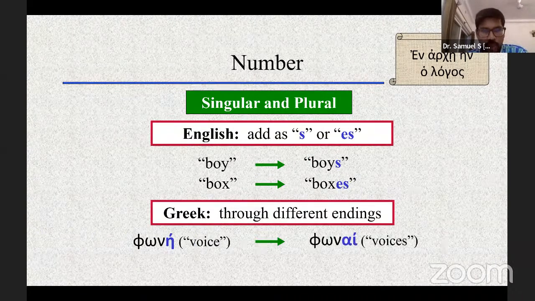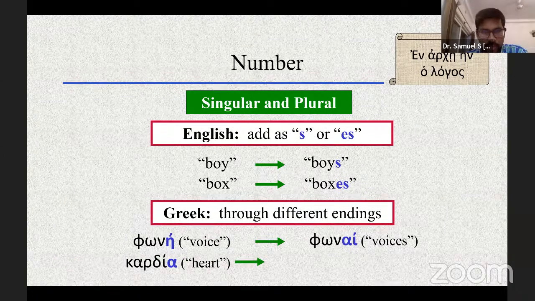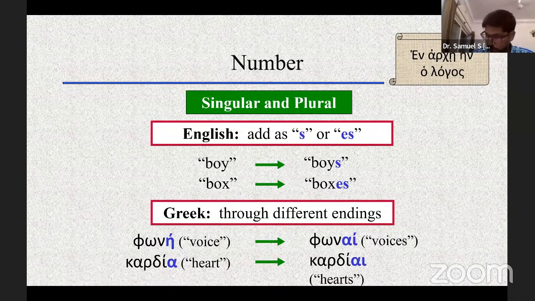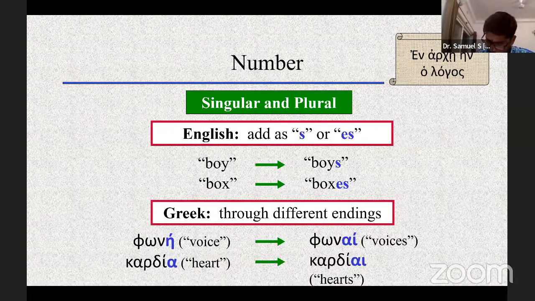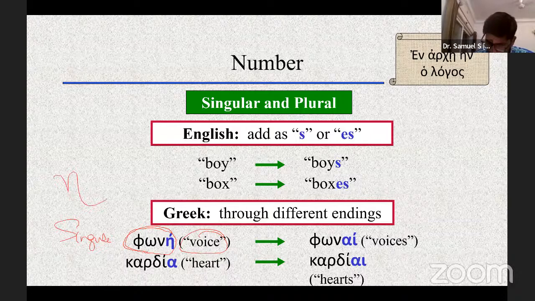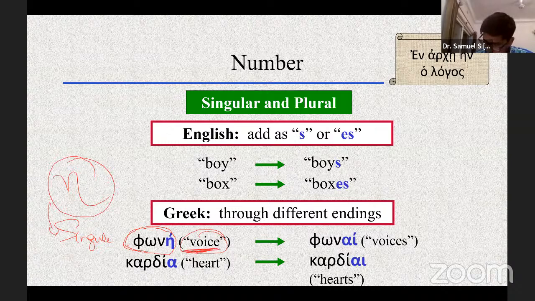So here's the way it works in Greek. This is why you've got to be able to read seamlessly, because you see here the word phone, which means voice, is singular. You see the ending here is an eta. Eta is telling us that it's a singular noun, it's just voice. But phonai, see the ending? There's phone, here also there's phon.